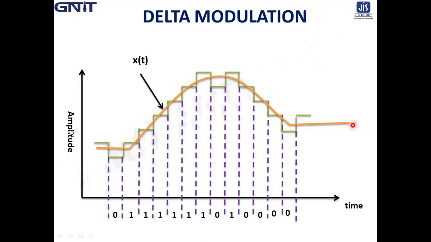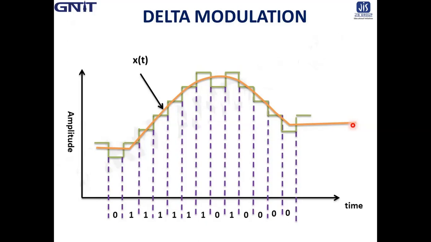See the figure here. The first one is 0 because in the last case it is lower. If the present sample value is higher than the previous sample value, then binary 1 is transmitted. And if the present sample value is lower than the previous sample value, then binary 0 is transmitted.